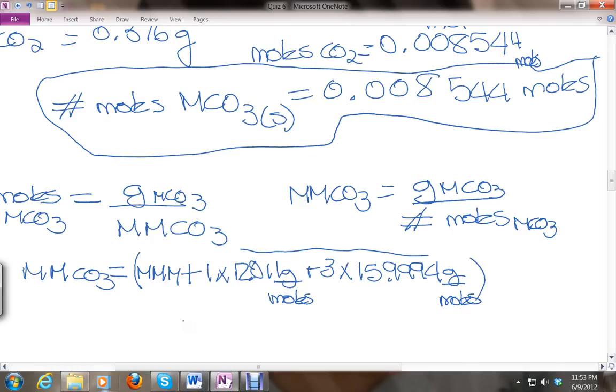So the molar mass is going to be M. Let's leave it as M or X. Let's use X. M plus, on this side, I'm going to solve it for this.